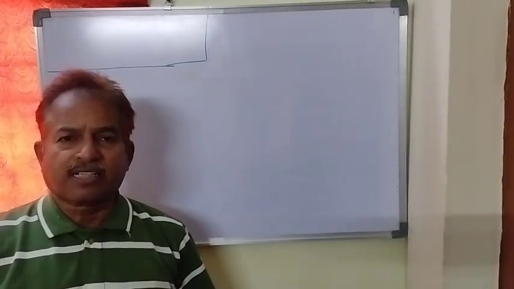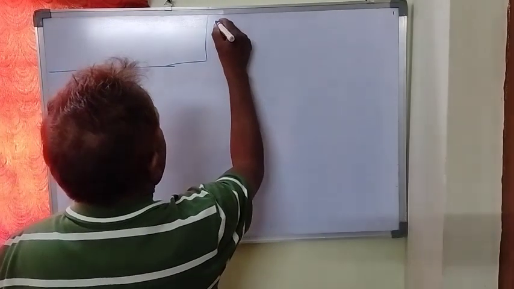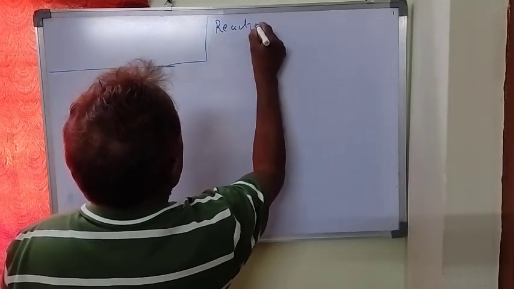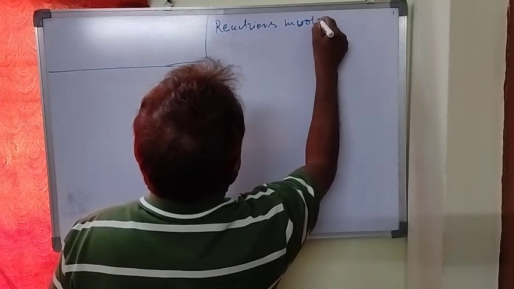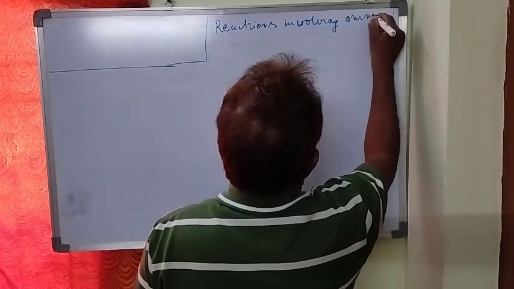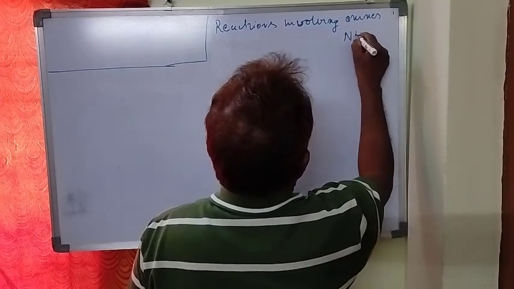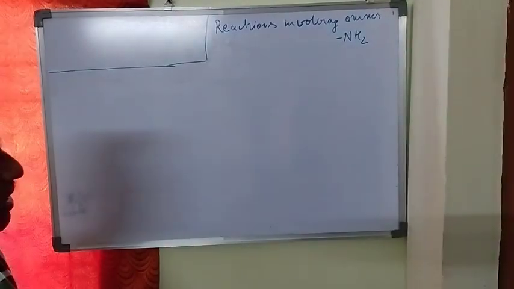Now let us discuss the reactions involving amines. What is the amine group? NH2. That means the amine may be a product, or the amine may be a reactant. So the first reaction is ammonolysis.